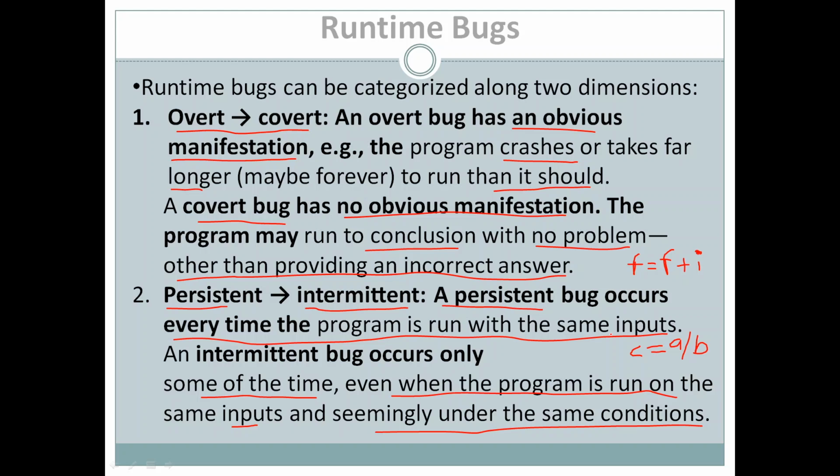But when you pass values like A equals 10 and B equals 0, then there is a problem and the program will not produce the proper output.